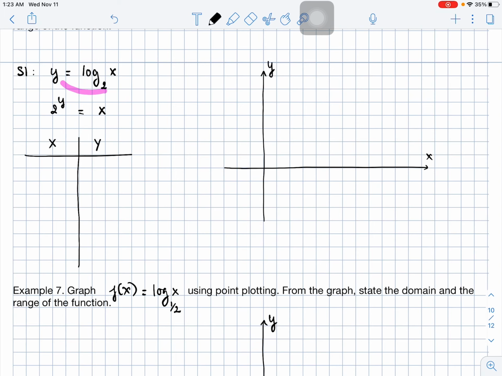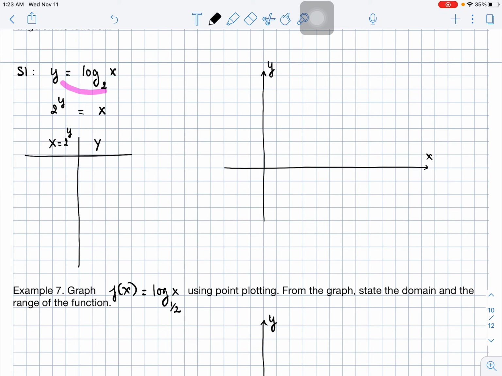From this table, you know that normally we make the x first, but you look at your equation, this is equivalent: 2 to the y equal to x. So x equal 2 to the y. It will be easier for us to input the y first.